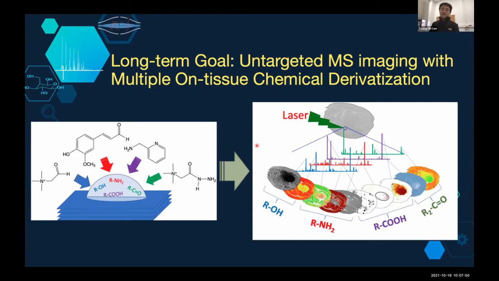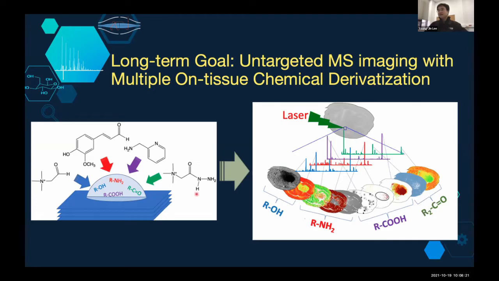And depending especially on ionization efficiency, you may not see many compounds. So that's a limitation. So some people have been adopting what we call on-tissue derivatization, basically spraying some chemical reagent in tiny droplets, then modifying each of the metabolites with much higher ionization capabilities.